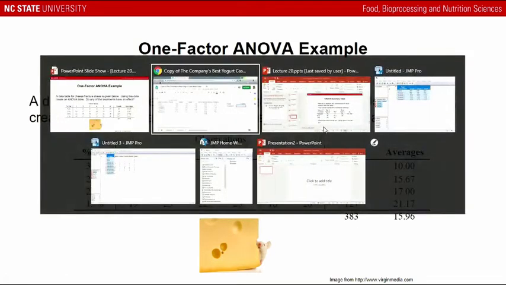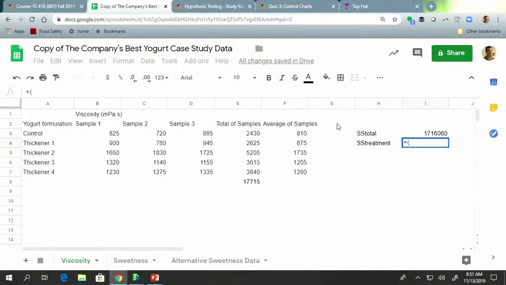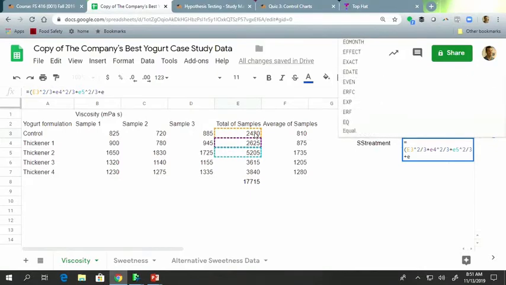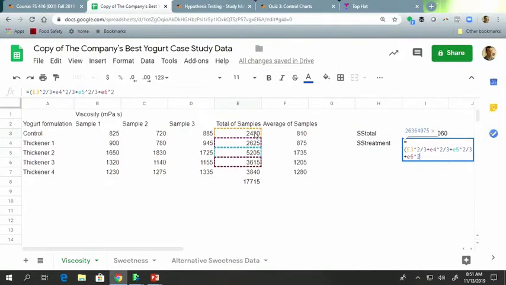Okay. So what I'm going to do here is just go 2,430 squared divided by, in this case it's 3, plus E4 squared, which is the second one, divided by 3, plus E5 squared divided by 3, plus E, where am I now, 6 squared divided by 3, plus E7 squared divided by 3.